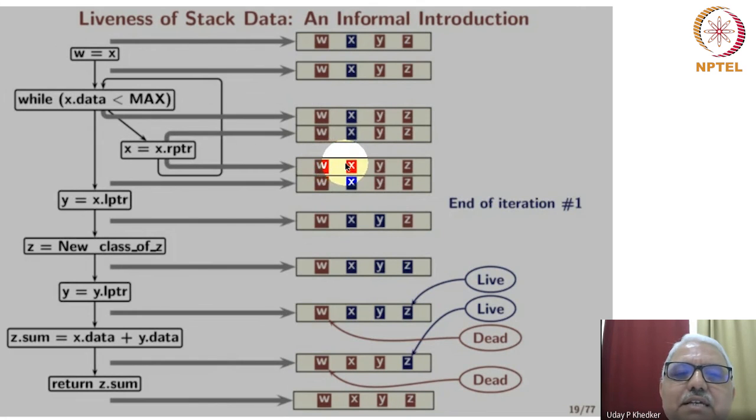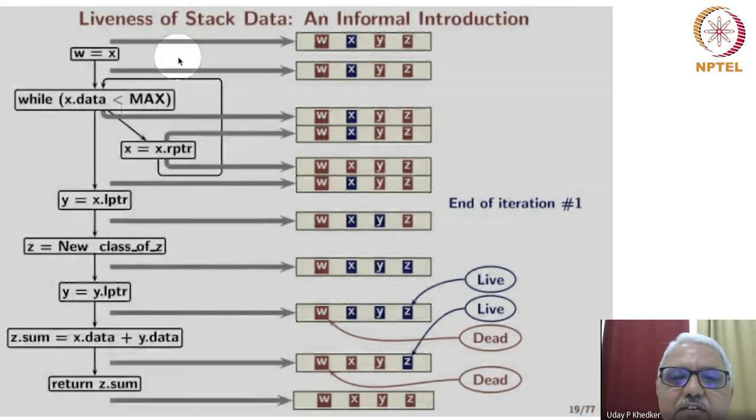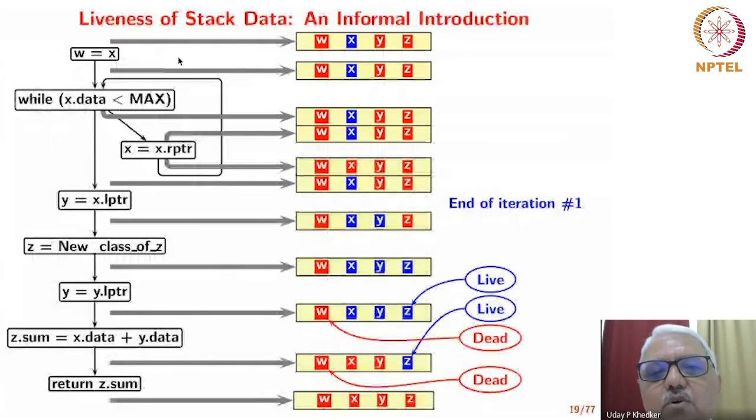So this is not consistent information. We have to somehow say that there is a path from this point onwards after which X is used. It so turns out that this path is a path in a loop, and we had not visited this node before, so we didn't have this information. Once we get this information, we need to adjust the information here, and we need to say that X is live.